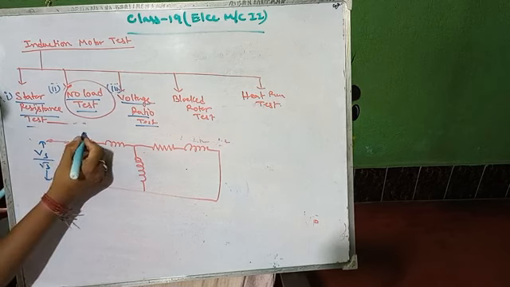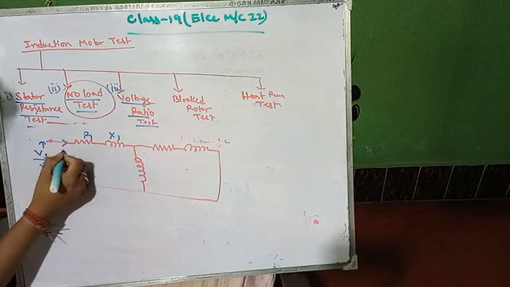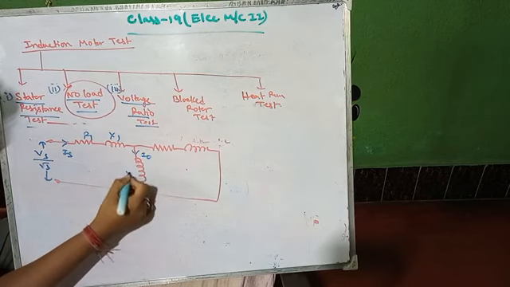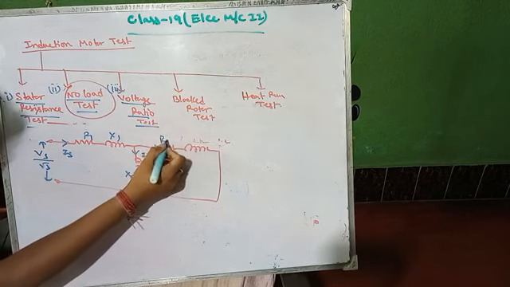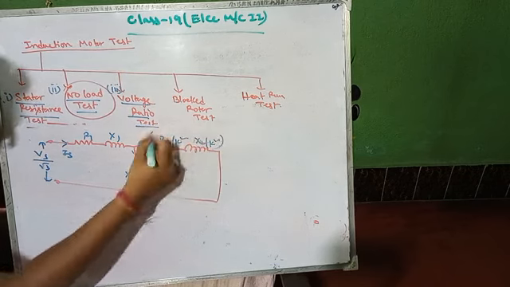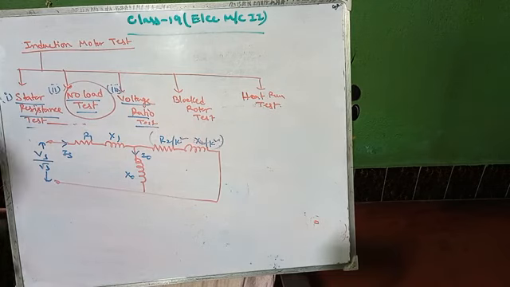Then there is R1, X1, the current Is, and the current I0 flowing through X0, and here R2 by K square and X2 by K square. This is the equivalent circuit referred to the primary side.